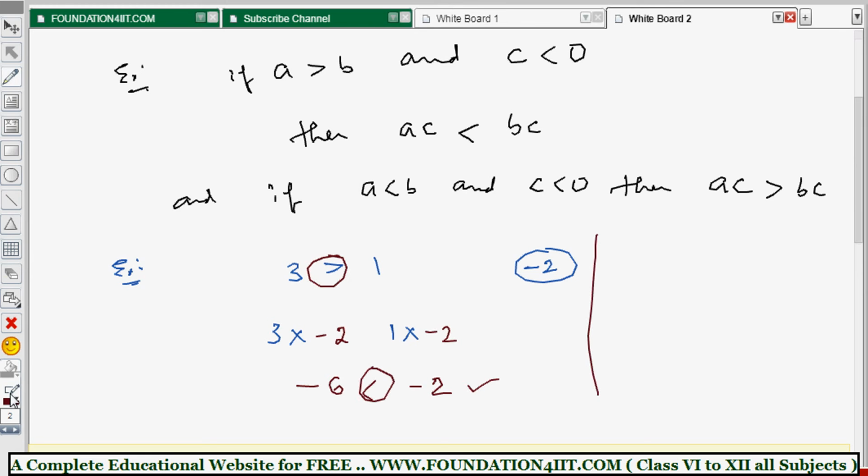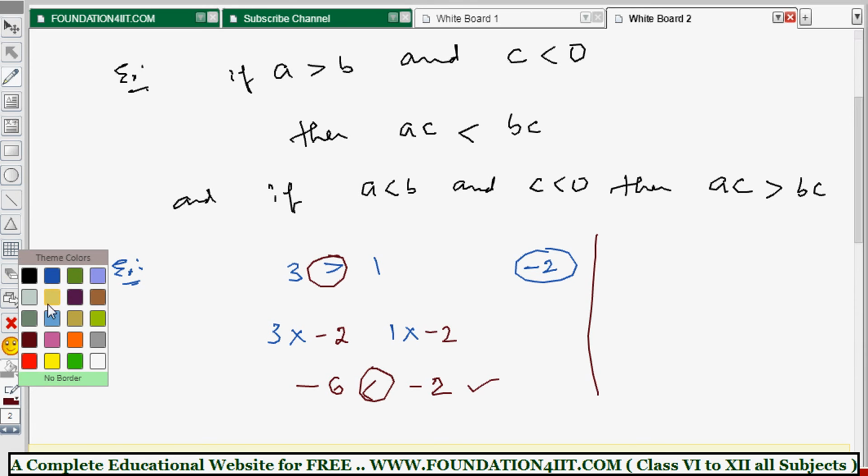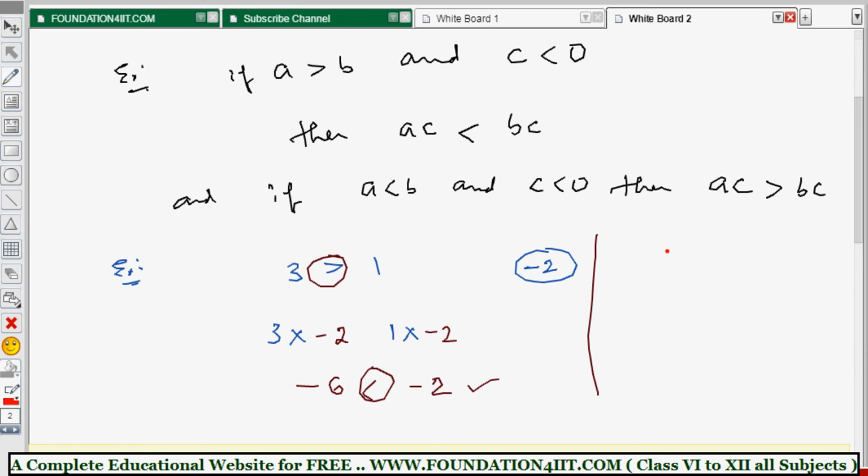And see one more example. For example, minus 2 is less than plus 4. Okay, we know it. Now both sides I am multiplying with some negative number. Taking minus 9: minus 2 times minus 9 is plus 18, because minus times minus is plus.